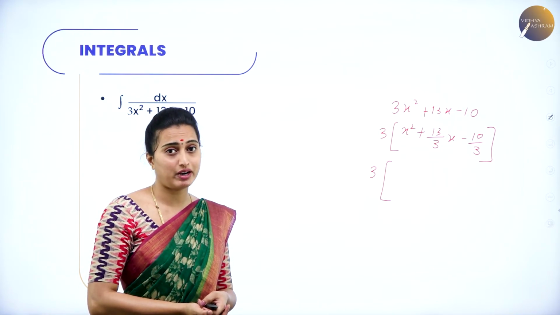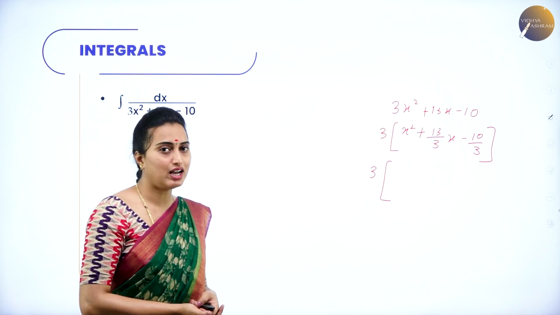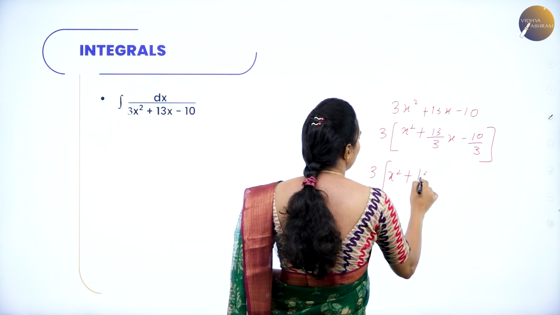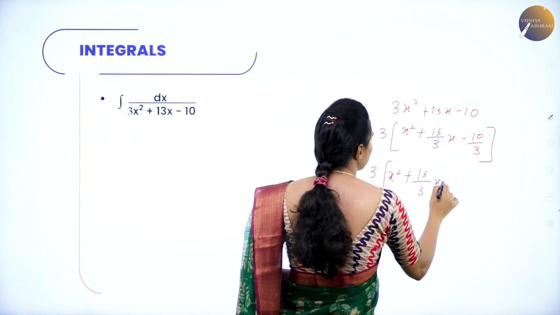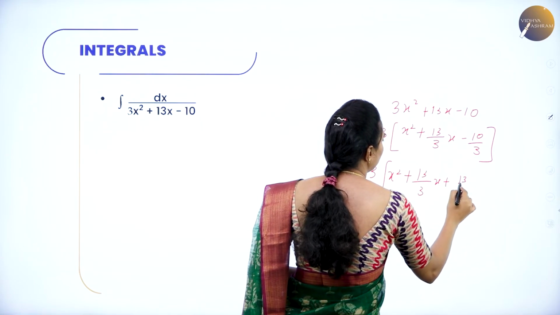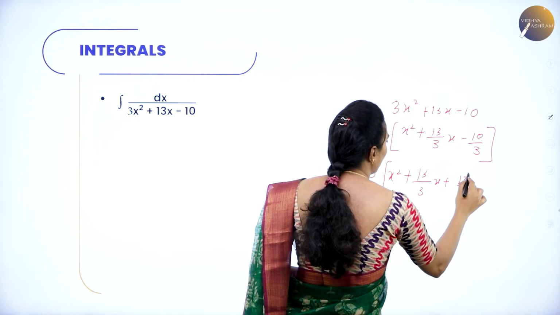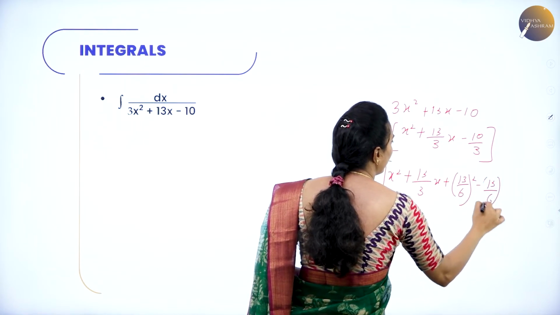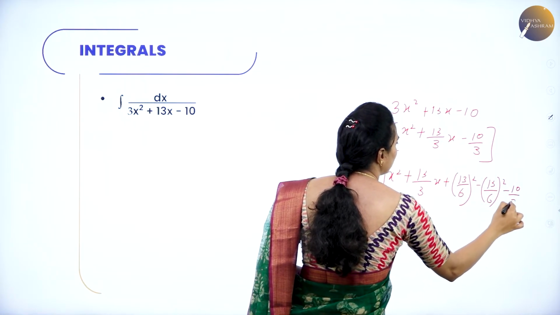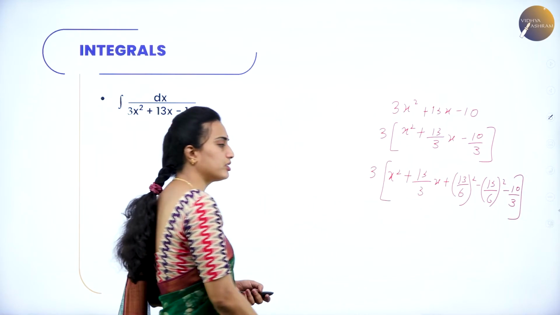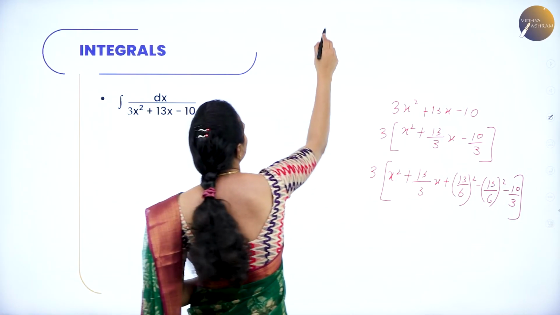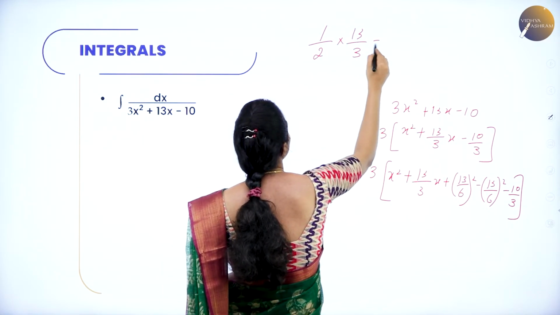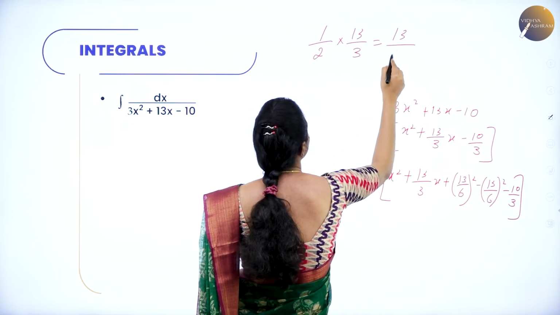Therefore, adding and subtracting that, you get x squared plus 13 by 3 into x plus 13 by 6 whole squared minus 13 by 6 whole squared minus 10 by 3. I hope you got this one. See, half of 13 by 3, that's it, is 13 divided by 6.